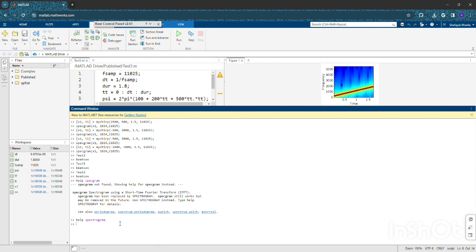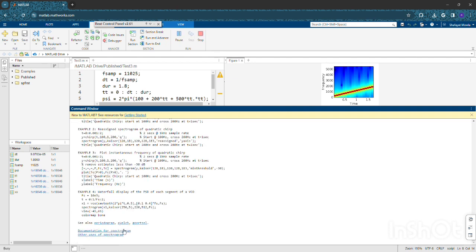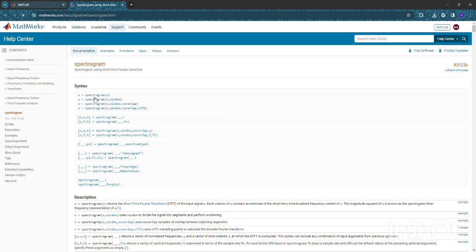If you go to the documentation, it will tell you about the spectrogram.